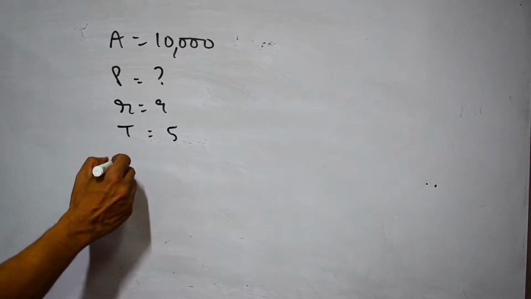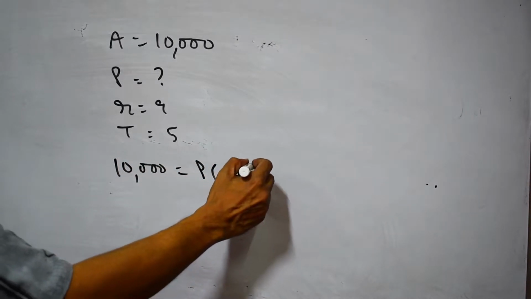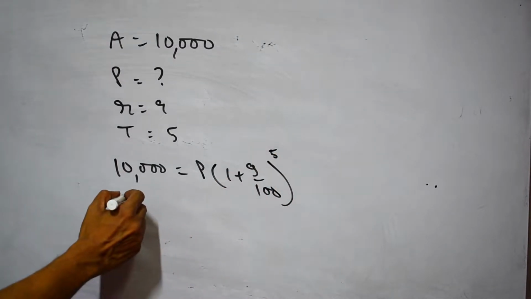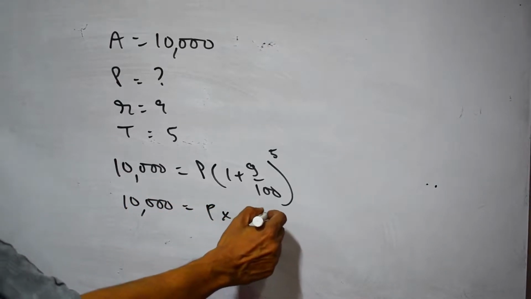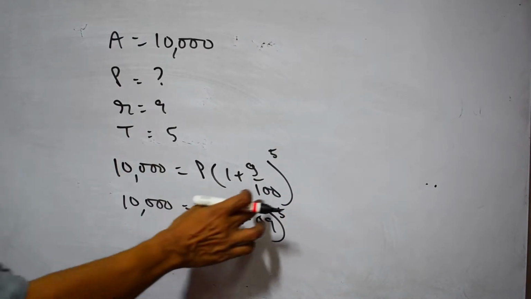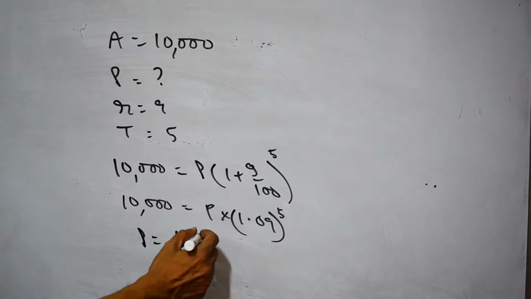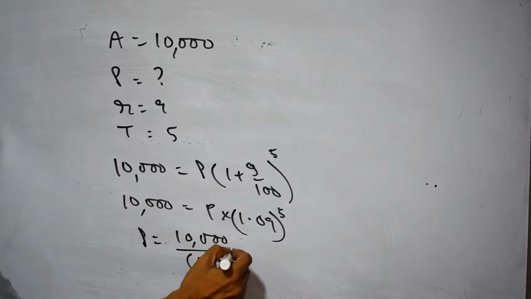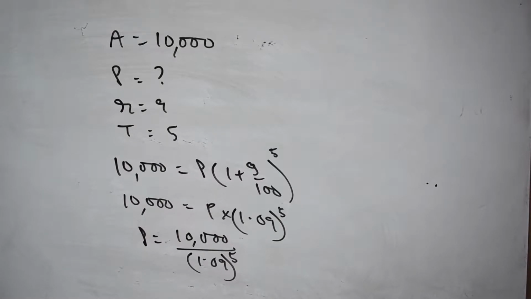So our formula will be 10,000 is equal to P into 1 plus 9 by 100 to the power 5. That means 10,000 is equal to P into 1.09 to the power 5. Now there are many ideas how to calculate this P. The simple idea is 10,000 divided by 1.09 to the power 5. Mostly we calculate with a calculator.